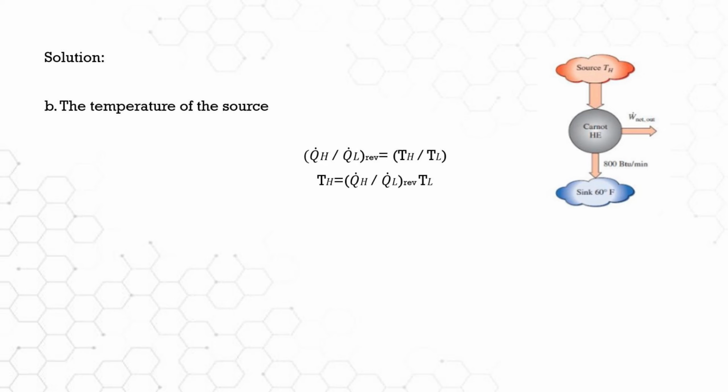Plugging in the values, we have 1777.78 British thermal unit per minute over 800 British thermal unit per minute multiplied by 520 Rankine, which is equal to 1155.56 Rankine as our temperature of the source.